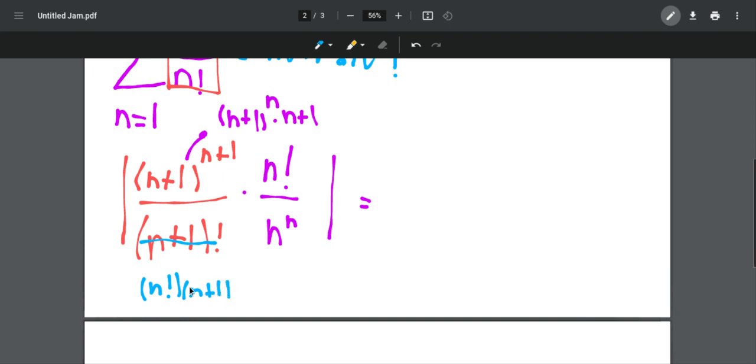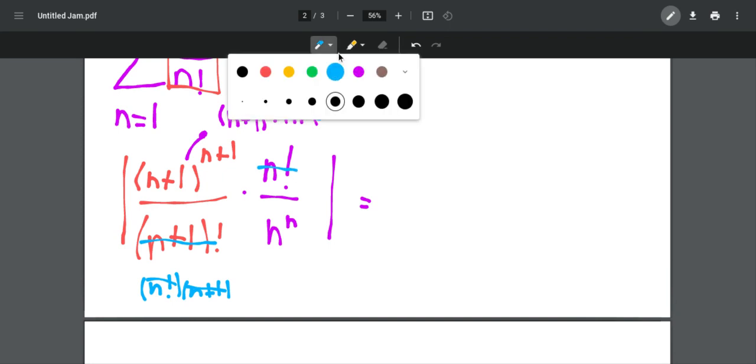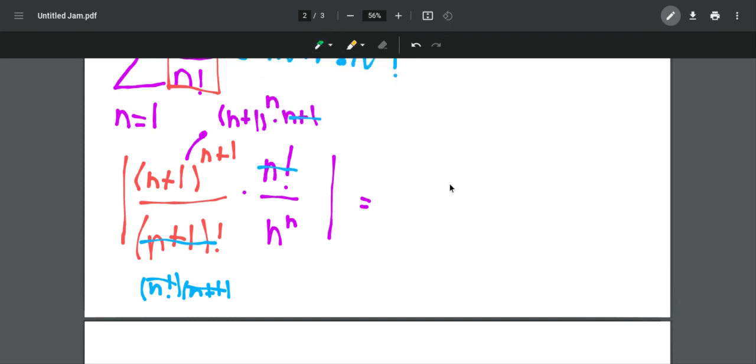So I can have a nice cancellation of these n plus 1s and these n factorials. And what I have left is just the expression n plus 1 to the power of n all over n to the power of n.